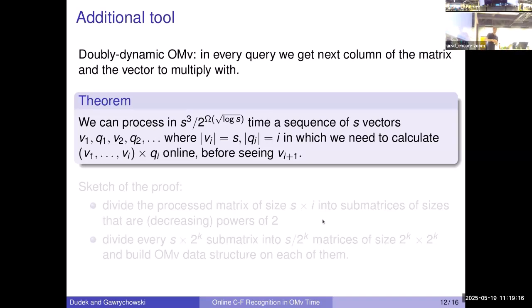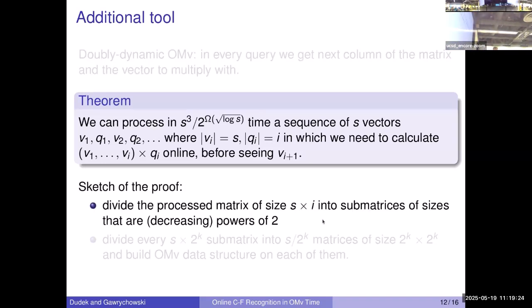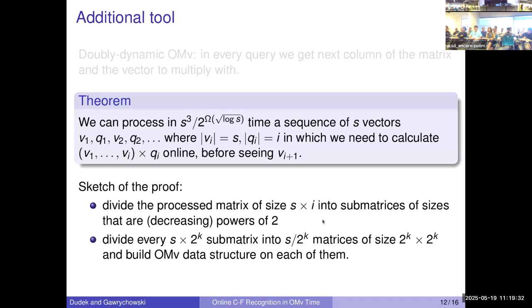So we will have to calculate this product of the query vector with a bigger and bigger matrix, and we can solve it in the same way as before. We divide the matrix into smaller matrices of sizes that are powers of 2, and for each of the little squares, we build the OMV data structure. So this is another layer, but essentially the same thing.